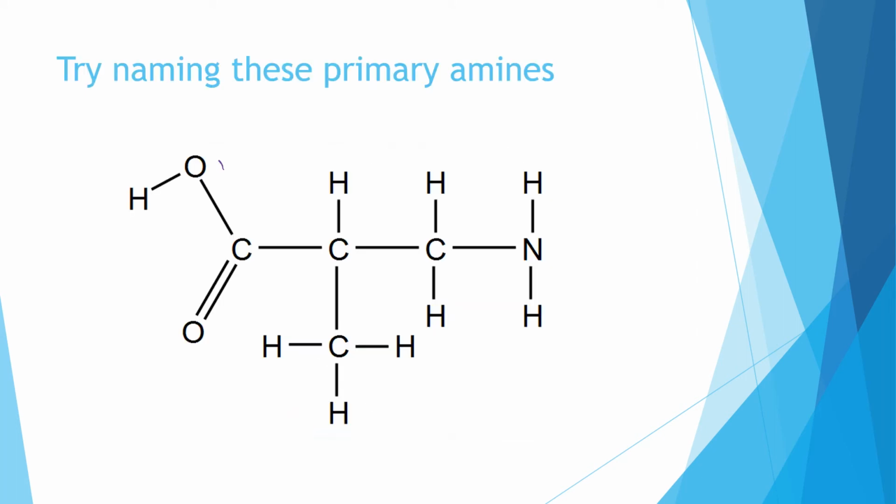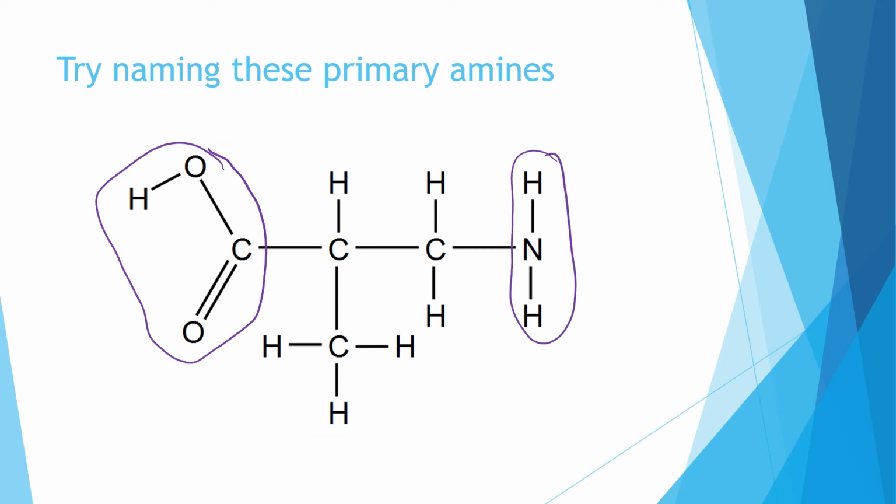So now we have a look and we can see that this is the most important functional group. So this is a type of an amino acid because we've got an amine group and a carboxylic acid group. The carboxylic acid is on the lowest position, which means that we also have a methyl group.